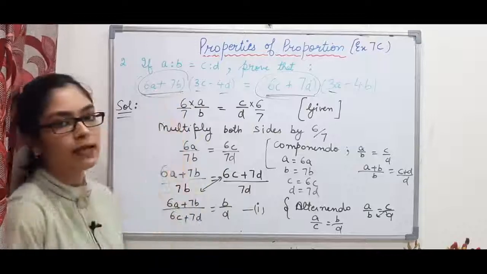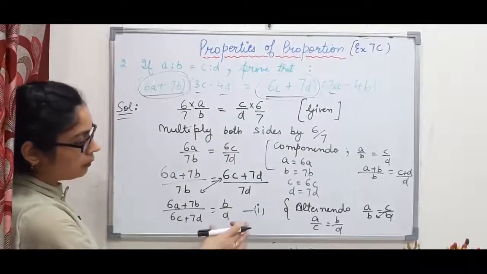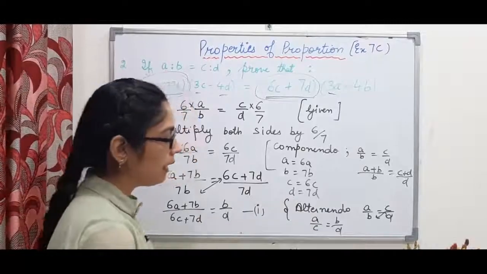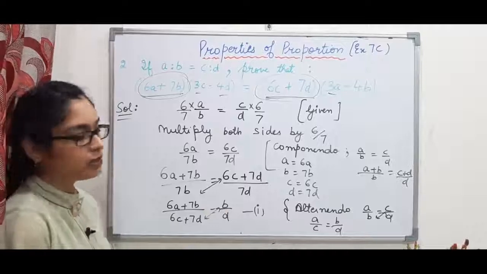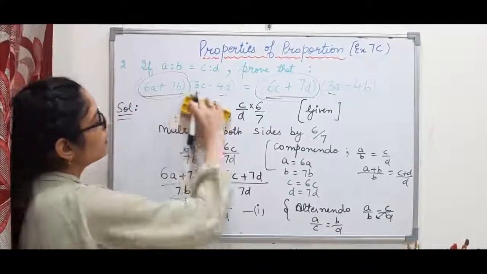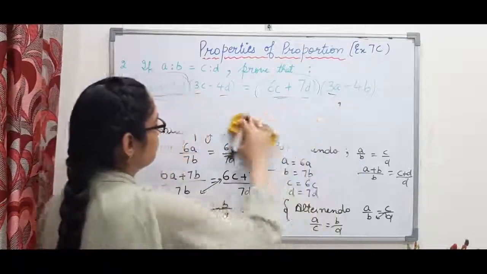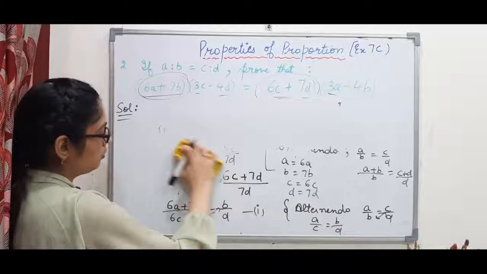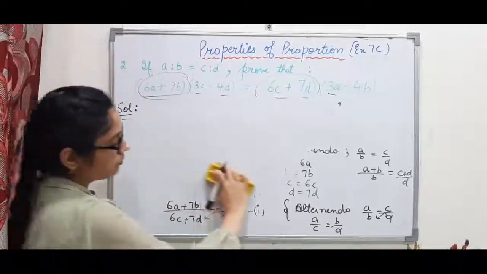Now after componendo, one more property I applied, that is alternando. These two terms, their position I interchanged according to the alternando property. Now let's see the other two terms, because we have to do it in parts. So till here you can just note this question.